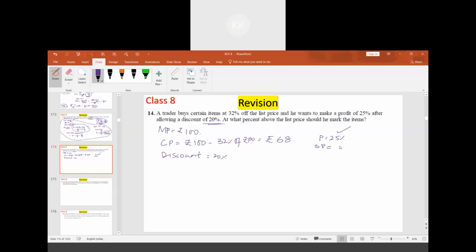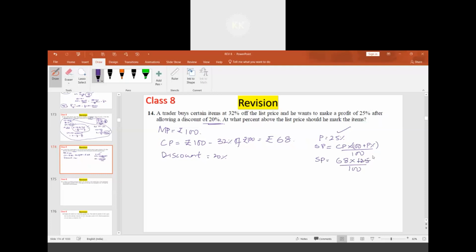Selling price is given by cost price into 100 plus profit percent divided by 100. If we make use of this formula, the selling price will be 68 times 125 divided by 100.